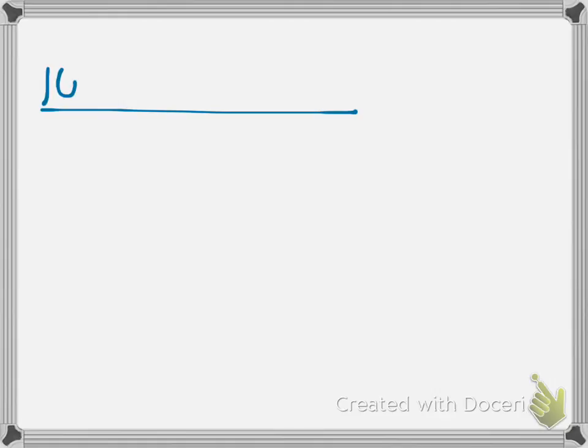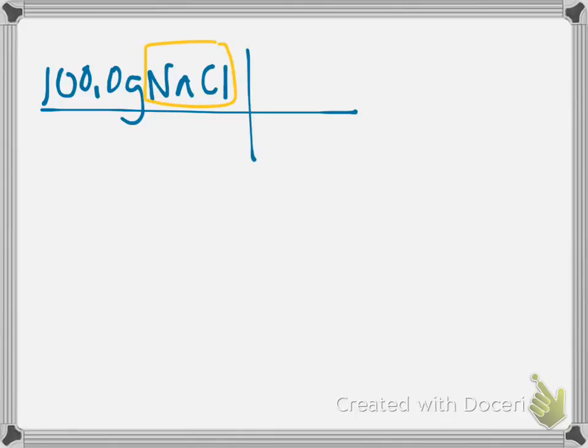So we have 100.0 grams of sodium chloride. I cannot stress enough the importance of putting the chemical in there, because right now we're dealing with problems where you're all in the same chemical. Very soon, you're going to be in problems where you have multiple different chemicals in a factor label. So it's going to be really important that you put in not only units but chemical.